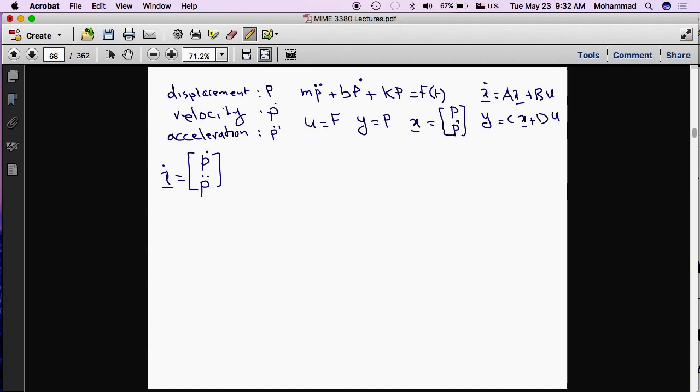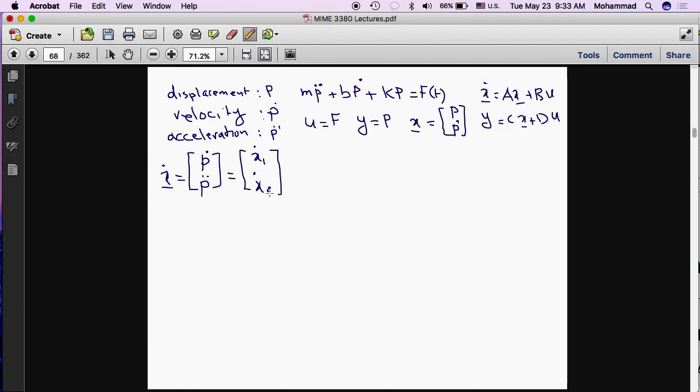To help us write things easier, I'm going to call this x dot 1 and call this x dot 2 to refer that the first one is in row 1 and the second one is in row 2 of that column vector. The same way we can call the first row of x, x1, and the second row of x, x2.